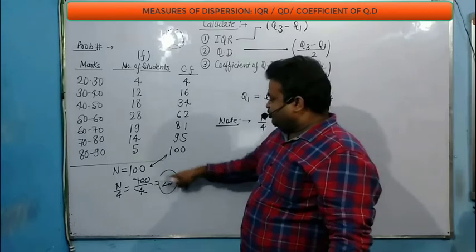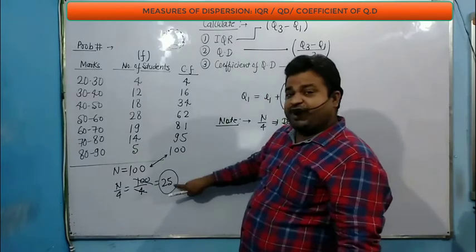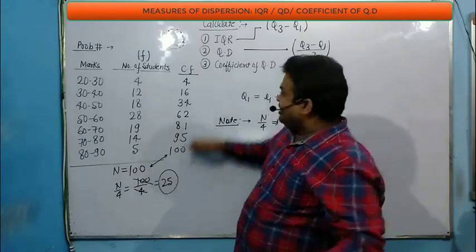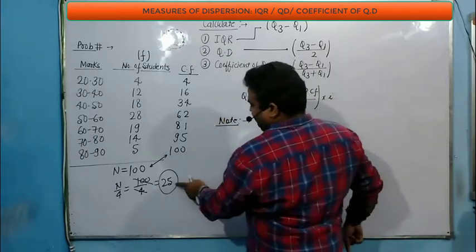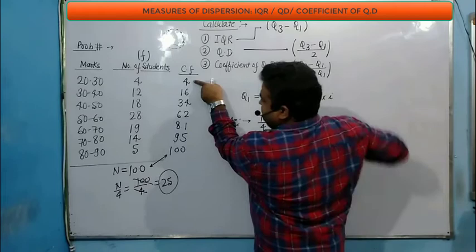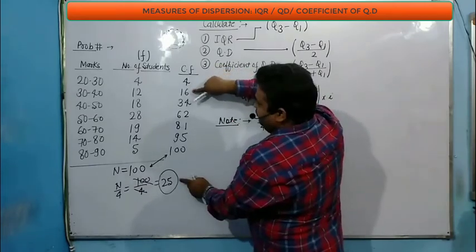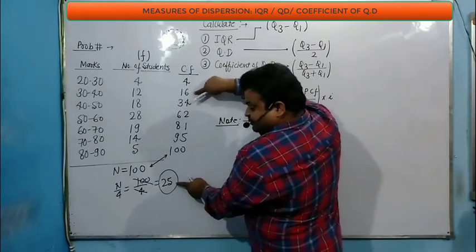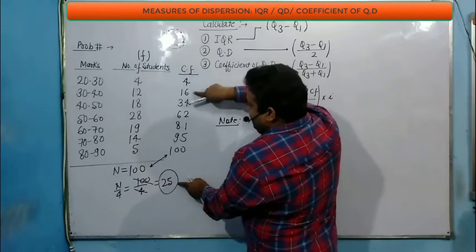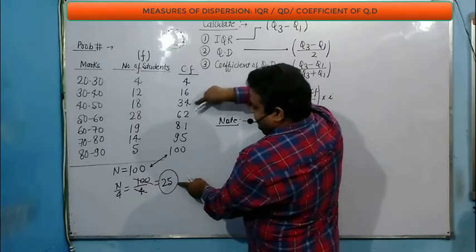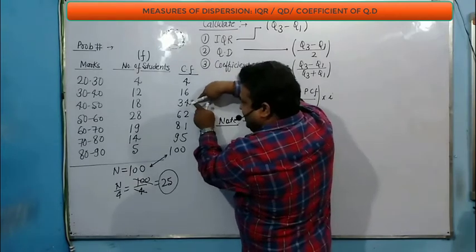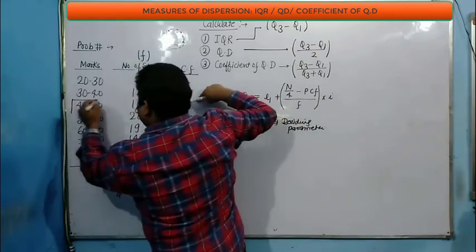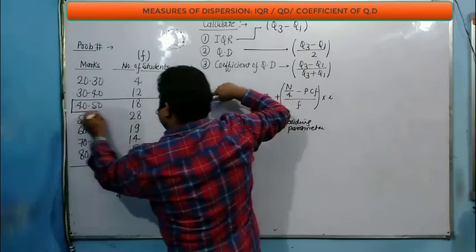Now check where this 25 lies in the cumulative frequency table. 4 is far less than 25, so I move ahead. 16 is less than 25. After 16, this value lies, so I select this class as my quartile class.